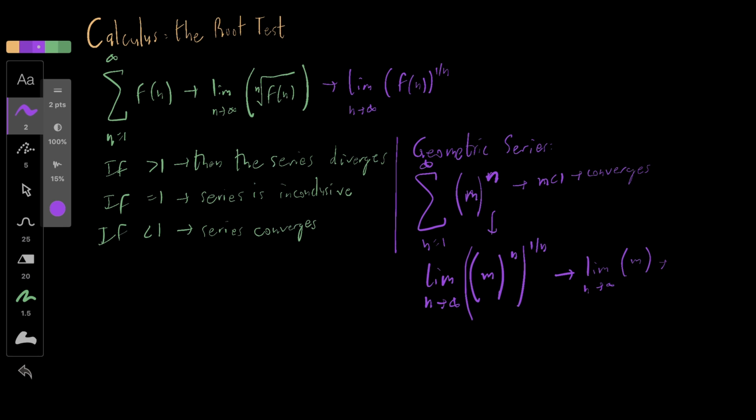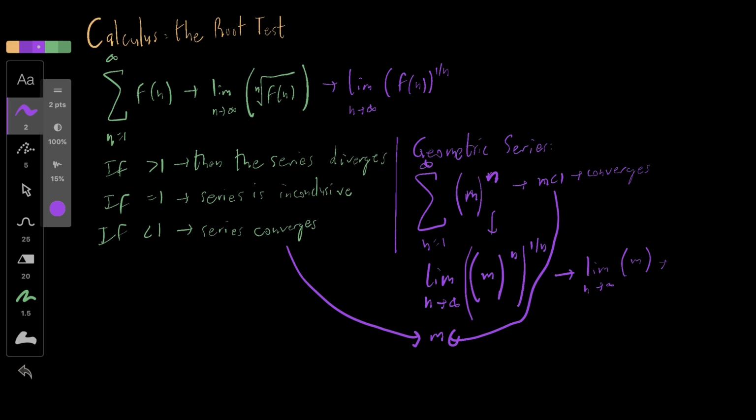And if m is less than 1, then it converges because the root test also says that it converges. So that's actually a proof for showing how the rules of the geometric series are simply an offshoot of the root test.